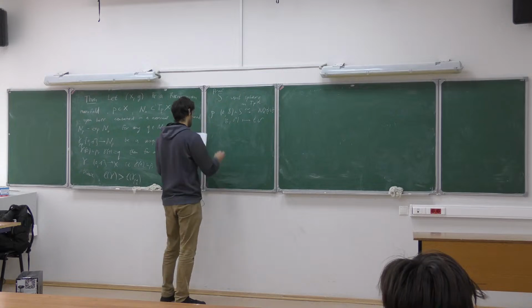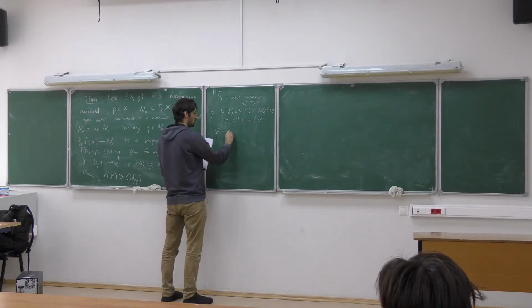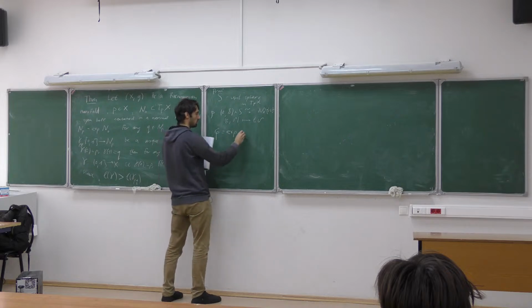Then I define phi to be the composition of the exponential and rho.